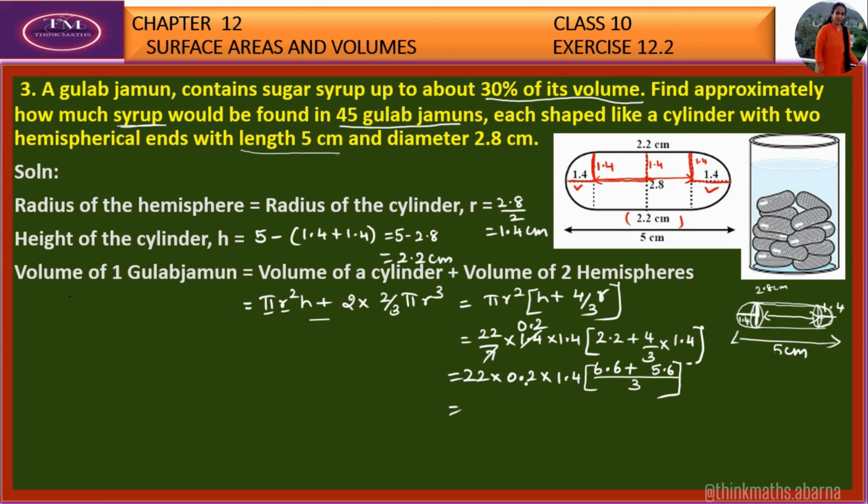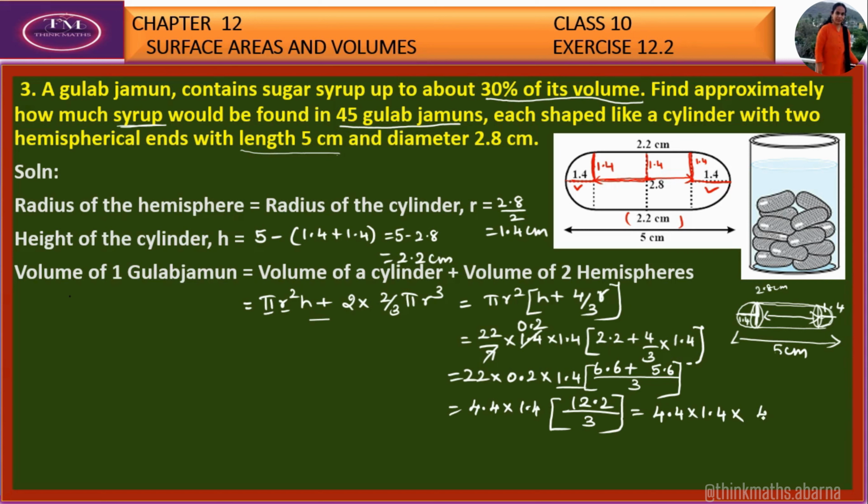So 22 into 0.2 is 4.4, into 1.4. In the bracket we have denominator 3, and 6.6 plus 5.6 is 12.2. So it is 4.4 into 1.4 into 12.2 divided by 3.